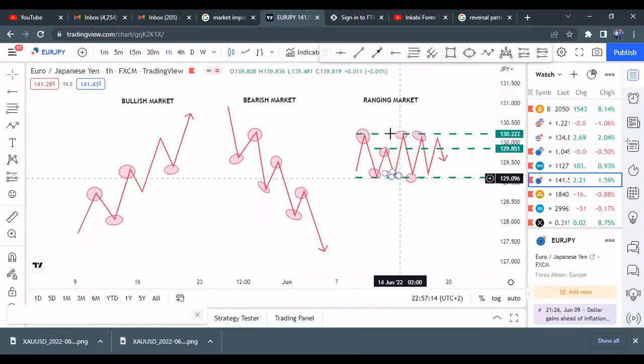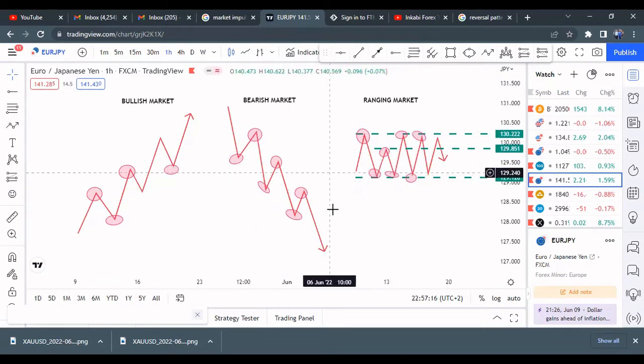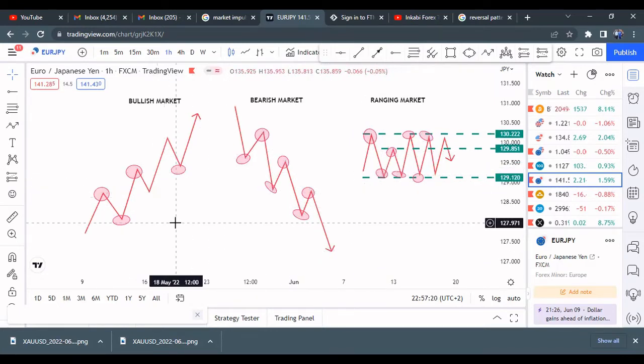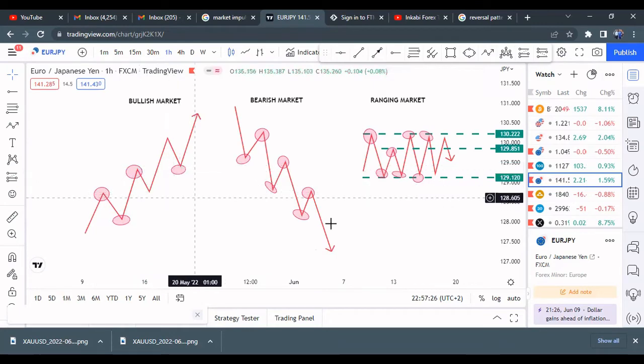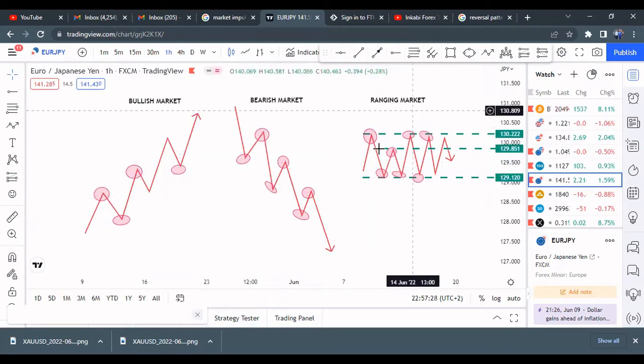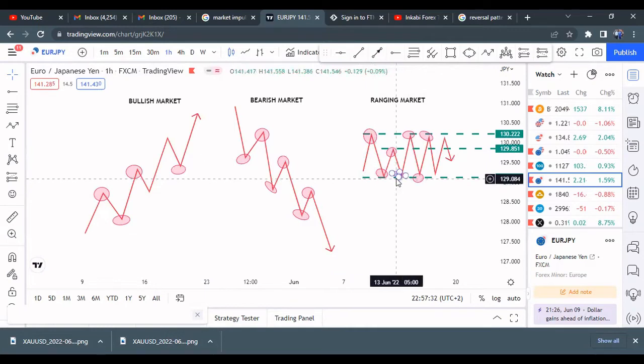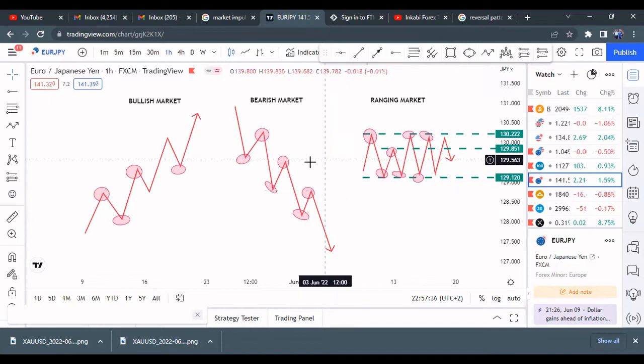So the most important thing to know is what is the state of the market, or trade zone. You should know what it is: is it a bullish market, is it a bearish market, or is it a ranging market. So before you trade, you should know where the momentum is heading.